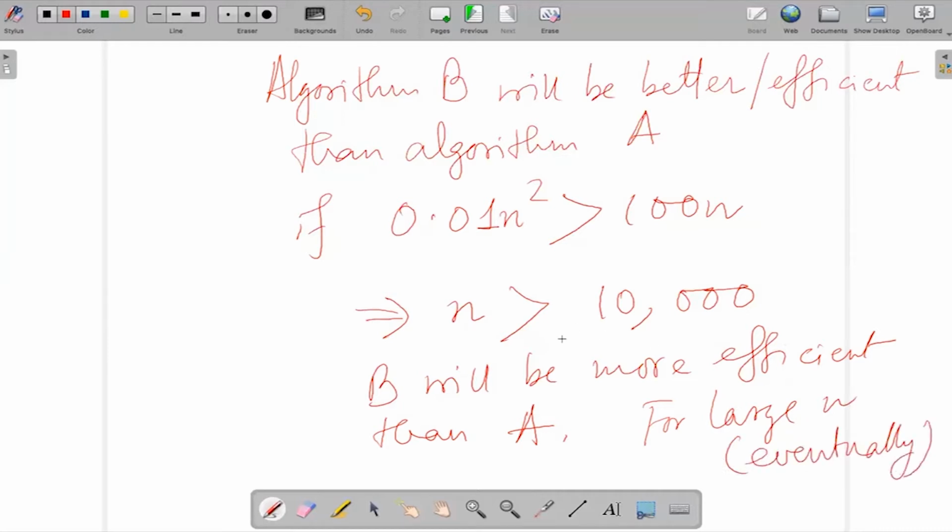Now it might be that in your application the value of n never goes beyond 10,000. In that case, algorithm A will be better and our choice will be algorithm A. However, if you know that n is going to get larger and larger, then algorithm B is a better choice for obtaining the solution.